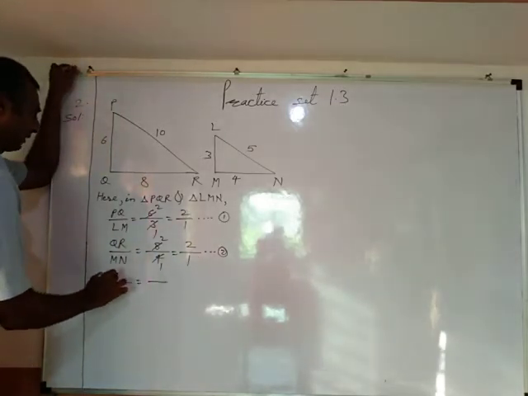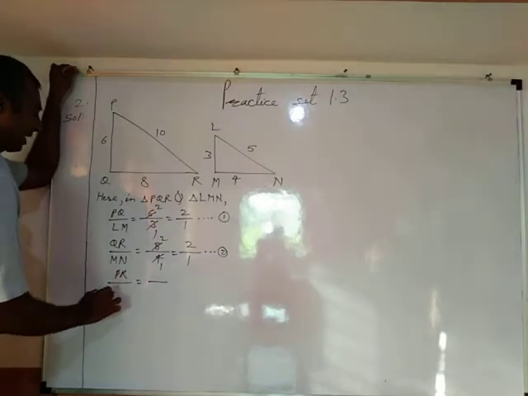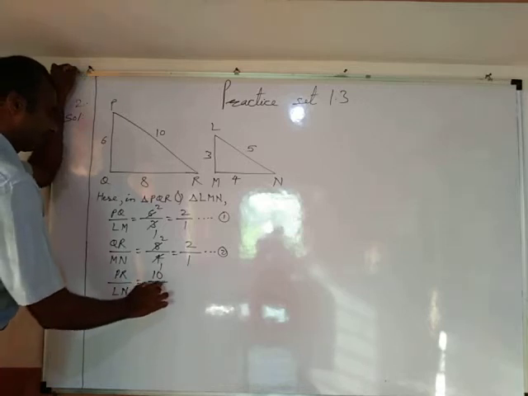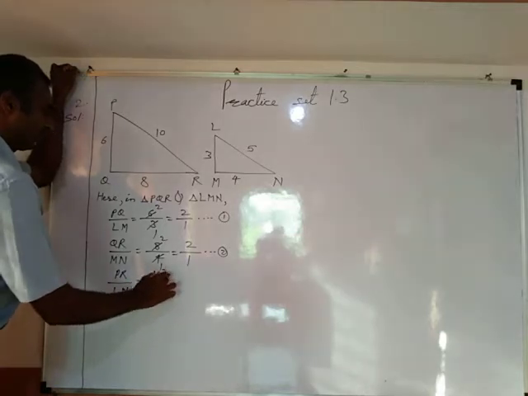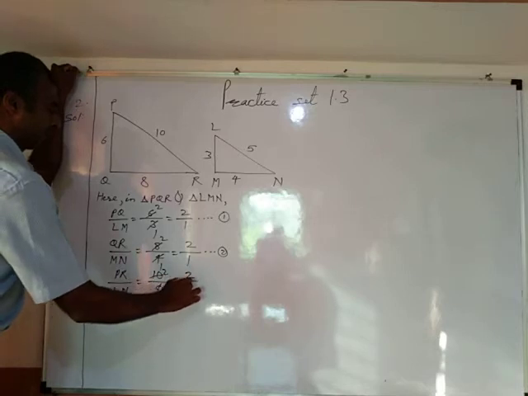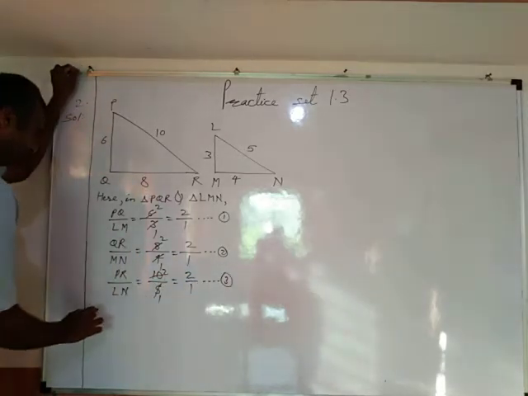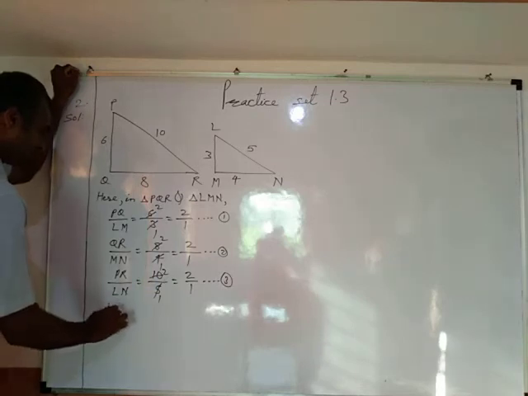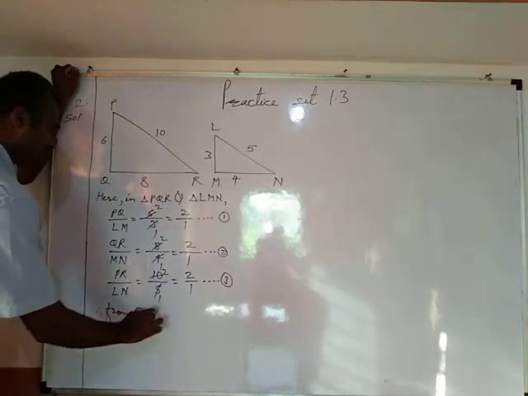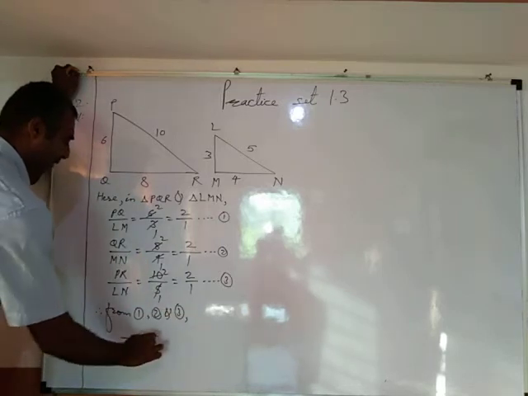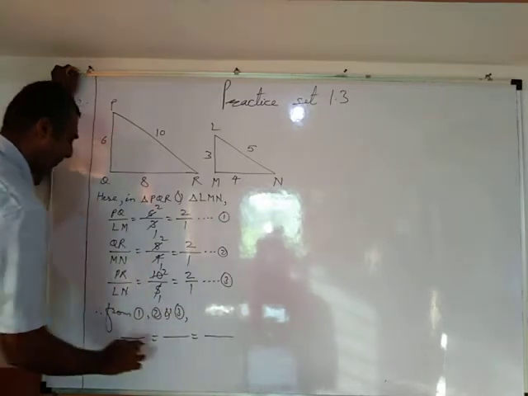Similarly, let's find PR upon LN. PR is 10, LN is 5. 5 ones are 5, 5 twos are 10. The ratio is 2:1. Equation third. Therefore, from 1, 2 and 3, all the ratios are the same.